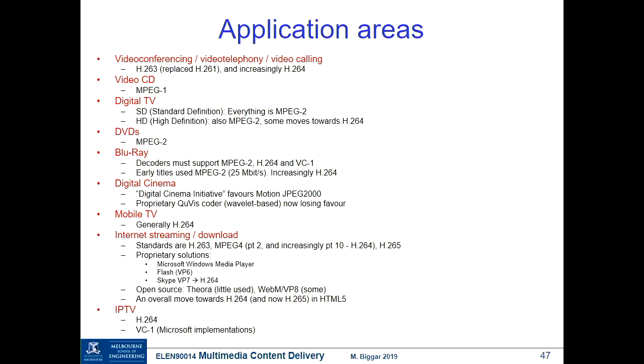But with moves to high definition, MPEG-2 can do high definition, but at least here in Australia, the high definition channels tend to be H.264.